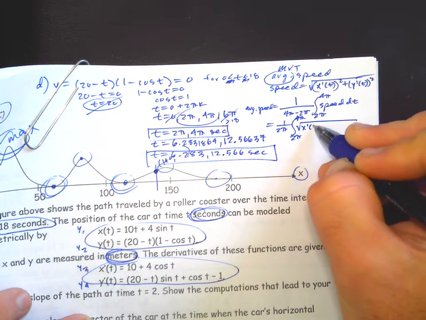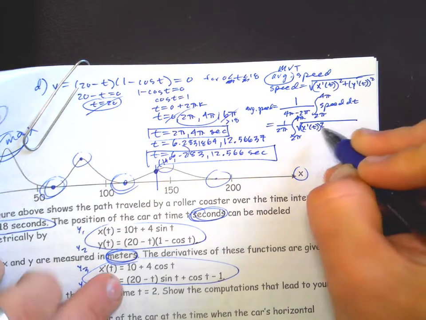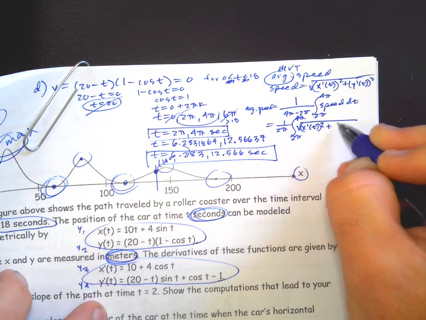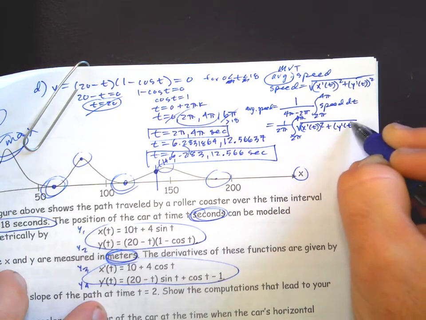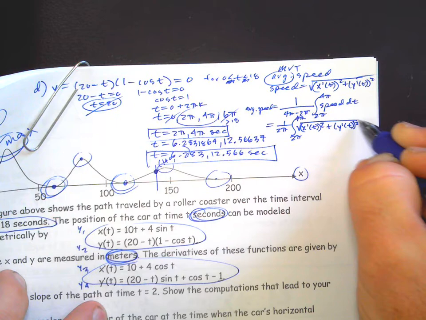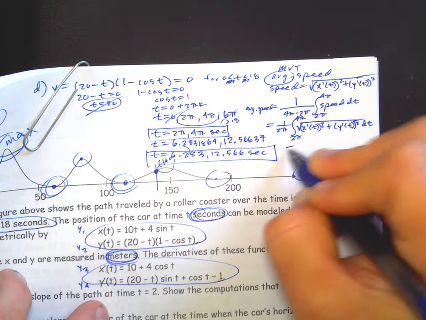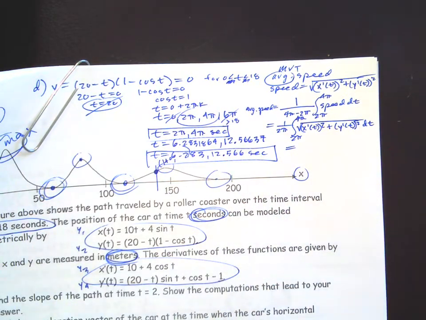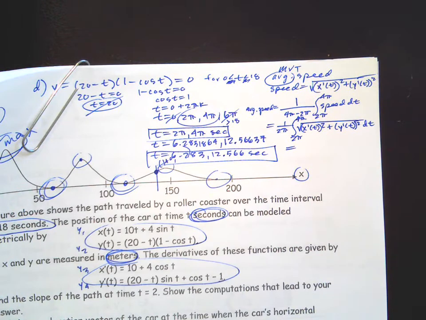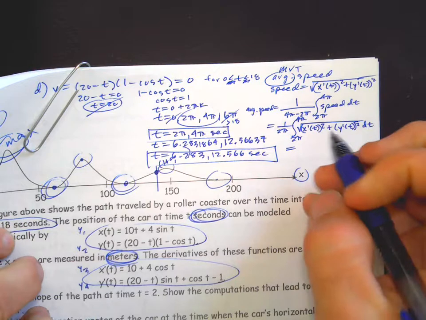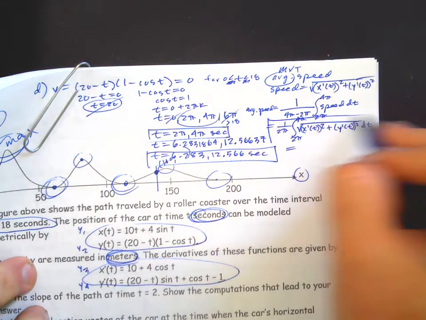Now, because these are already defined in the problem, x prime t and y prime t, we could just write these. We don't have to write the whole expressions for those. But this is the setup. And it said not to evaluate it. So I think this would be good enough.